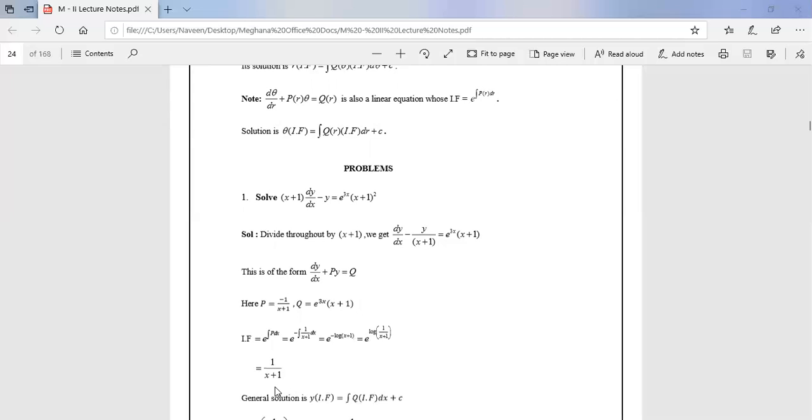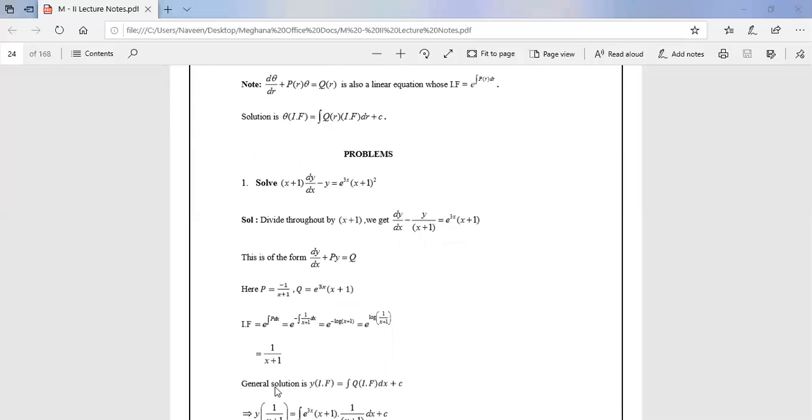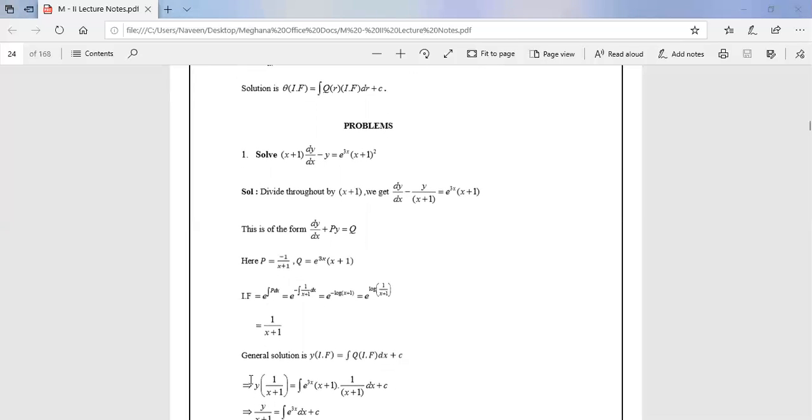Now the general solution is what? y into integrating factor is equal to integral q of x into integrating factor into dx plus c. See, here y into, what is integrating factor? Integrating factor is 1 by x plus 1.